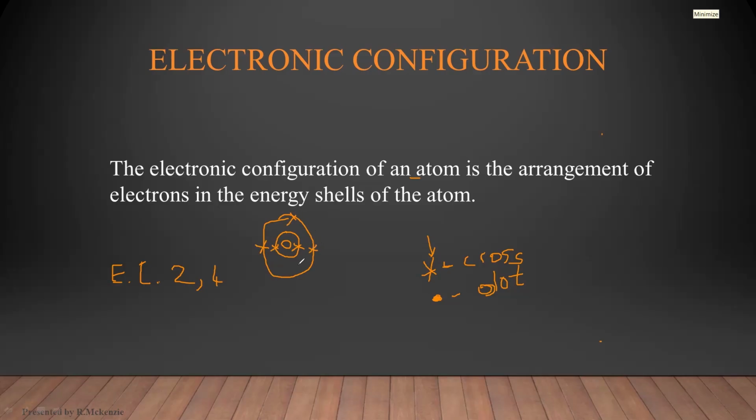It would be something similar to this, right? You're just writing what's on each shell. That's what EC means. So you count the total on the first shell, which would be 1, 2. Then I write this down because the first shell has 2, and then the second shell, 4 is present. So it'd be 1, 2, 3, 4.